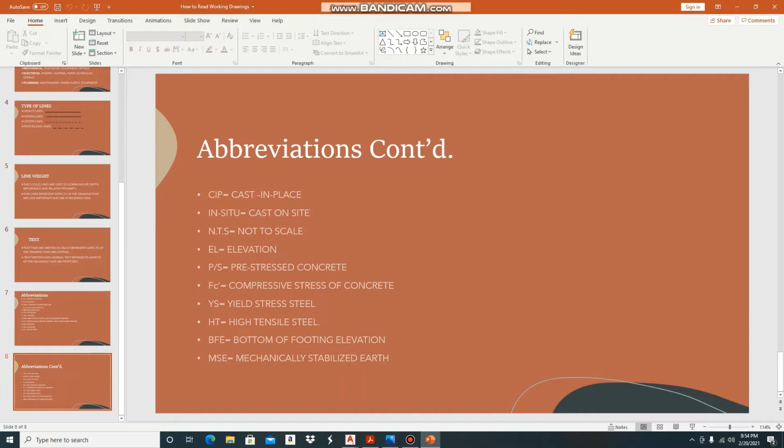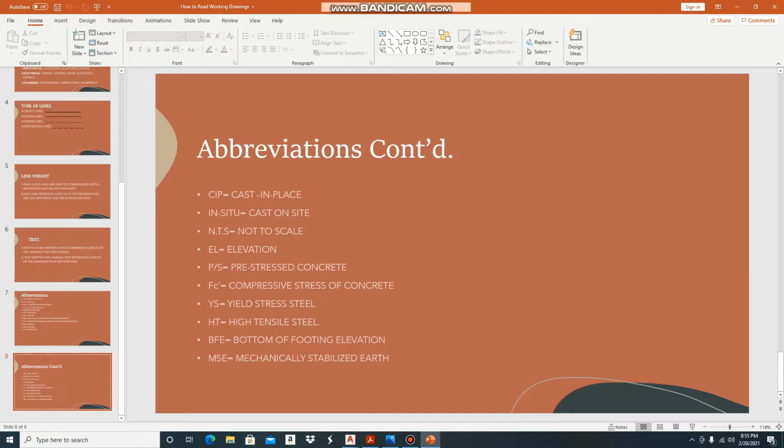So the first one we have here is cast in place, okay? And then there's in situ, which means cast on site. Now, these two terms, CIP and in situ, can be used interchangeably, but you will more see CIP, cast in place, in the American system.